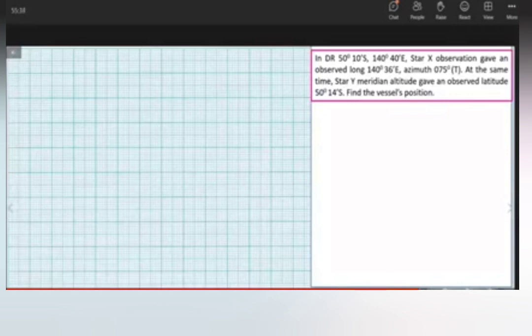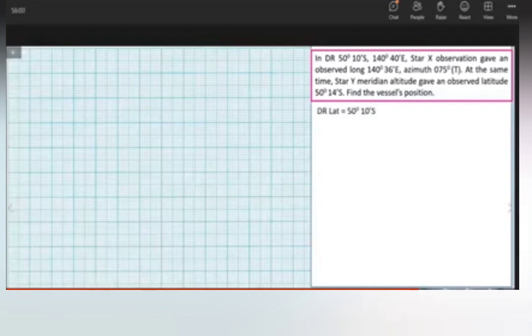So the PL shall be drawn through observed lat and DR long, perpendicular to azimuth, but in the case of meridian altitude, the PL shall be specifically east-west, and hence it will coincide with the parallel of latitude of the observed lat. Now, having identified the processes deployed for solving the sights, we proceed ahead with the plotting.